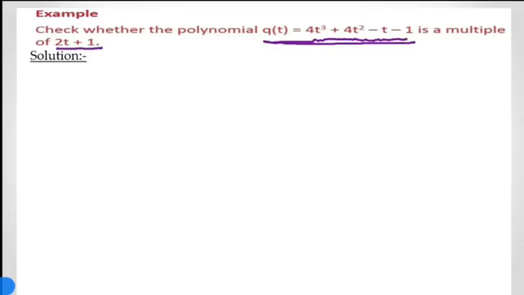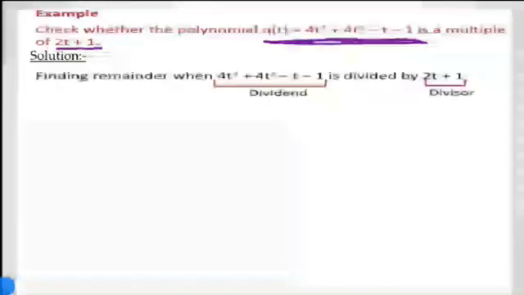So if the remainder is equal to 0, then we can say that this q of t is a multiple of 2t plus 1. I hope everyone understood. Write down in the sentence. Finding remainder when q of t, which is the dividend, is divided by 2t plus 1. 2t plus 1 is the divisor.